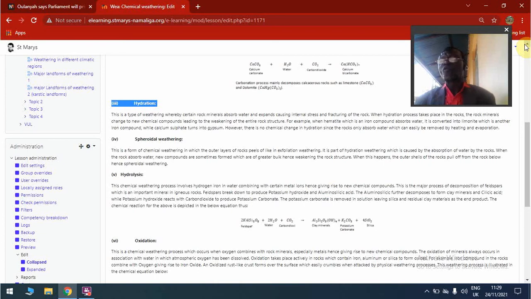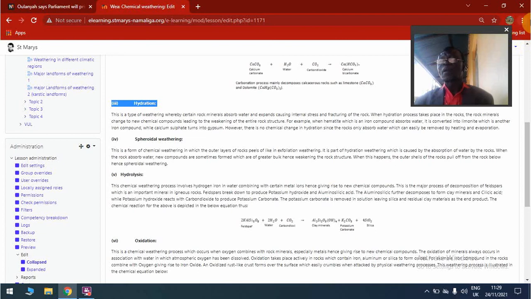This increase in volume or expansion of the rock due to water intake will produce internal stress or weaknesses within the rock, and eventually the rocks are easily subjected to other forms of weathering processes.